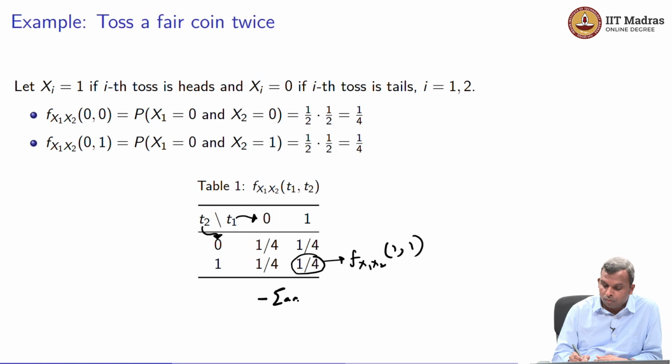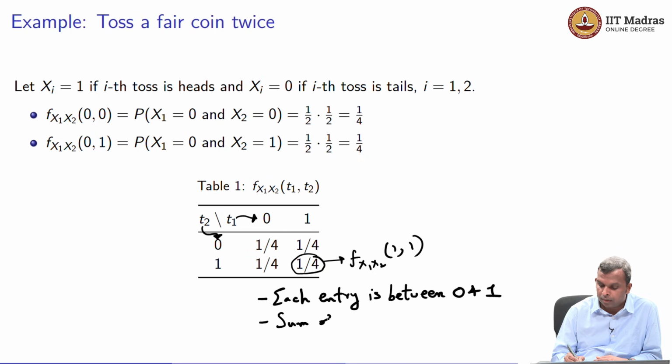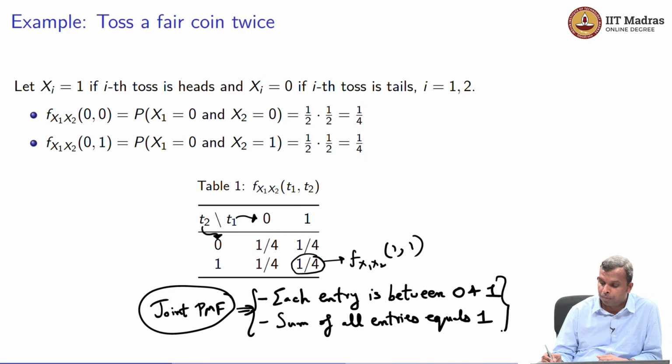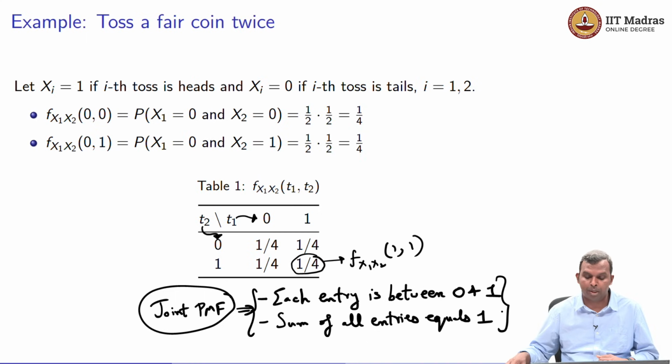Each entry is between 0 and 1. Sum of all entries equals 1. These are very important properties of a joint PMF. Any joint PMF will satisfy these two properties, so note it down, this is very, very important.